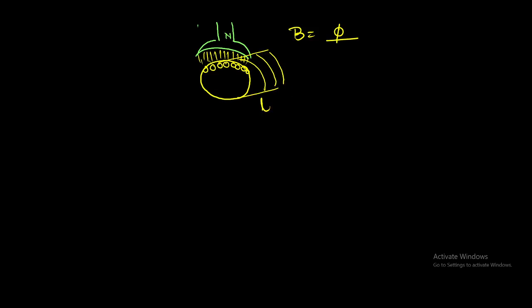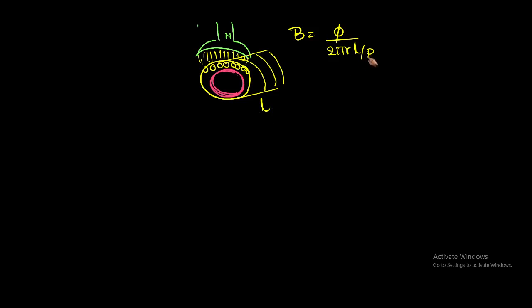It is covering the total circumference as it rotates. So the area under each pole is 2 pi r, that is the circumference, times the effective length L of all the conductors, divided by the number of poles. 2 pi R L is the circumference of the total armature multiplied by the effective length L, which gives the total area.